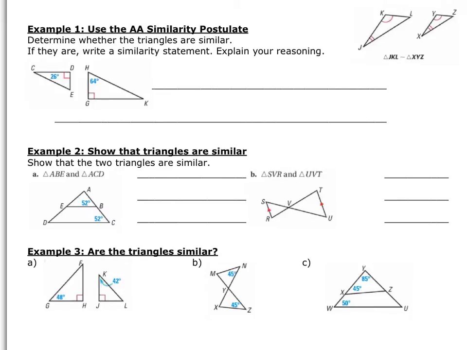So this 26 is going in there for C. If we do 90 minus 26, that's going to give us 64 left for this angle. 90 minus 64 is 26. All it takes to prove triangles similar are 2 congruent angles. Well, you have the 64s here, and you actually have all 3, you only need 2, you have the 90s. So yes, the triangles are similar.